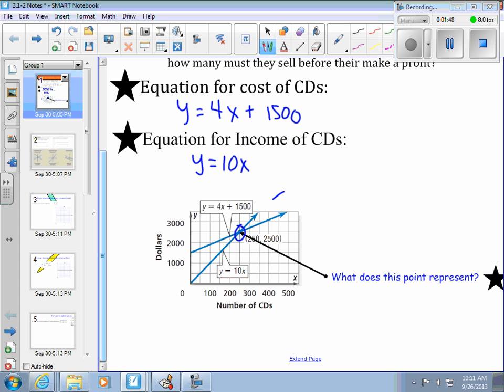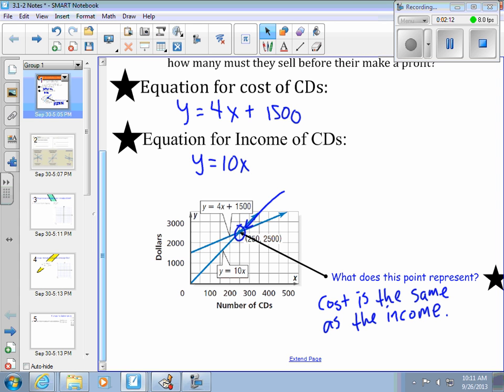What is that point talking about? Well, that point would be where the cost is the same as the income coming in. That's also sometimes called the break-even point.